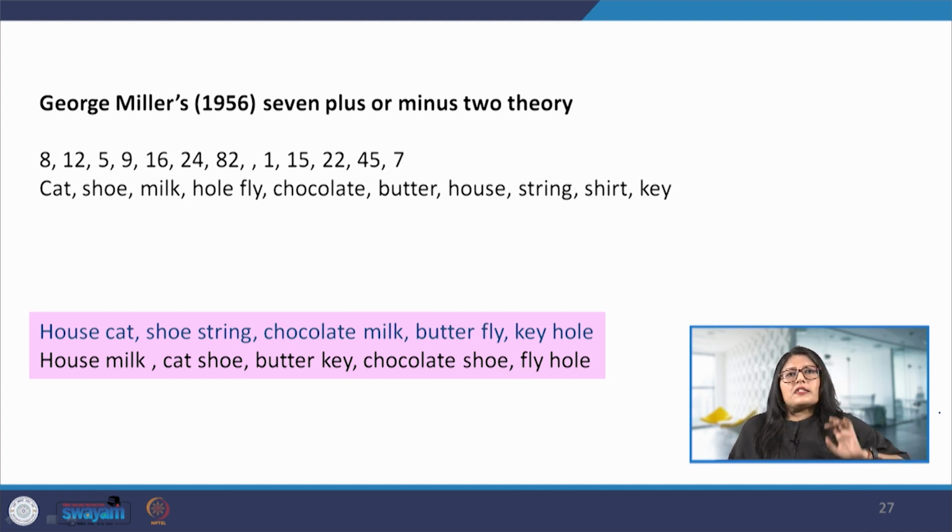But when we mix them up, house milk or cat shoe or butter key, this will take our brain much longer to process, because these are not familiar terminologies. We are seeing them for the first time probably. So we will take a lot more time. So this shows how the user can retain information, and how we present this information so he can quickly store and retrieve it.